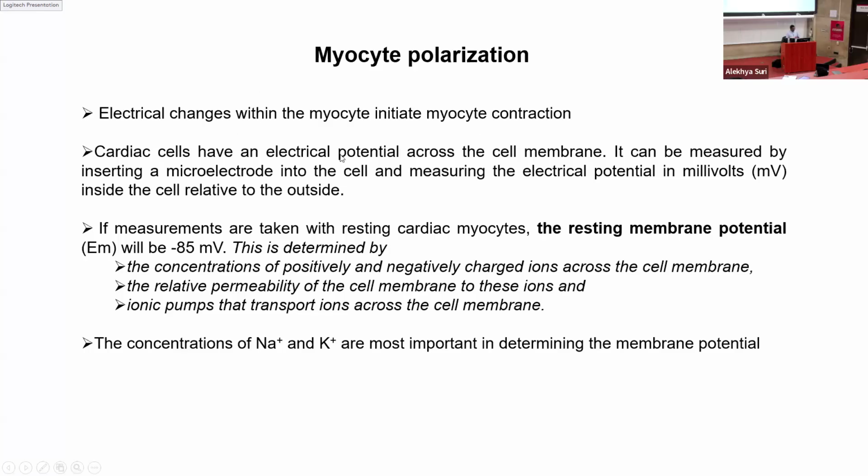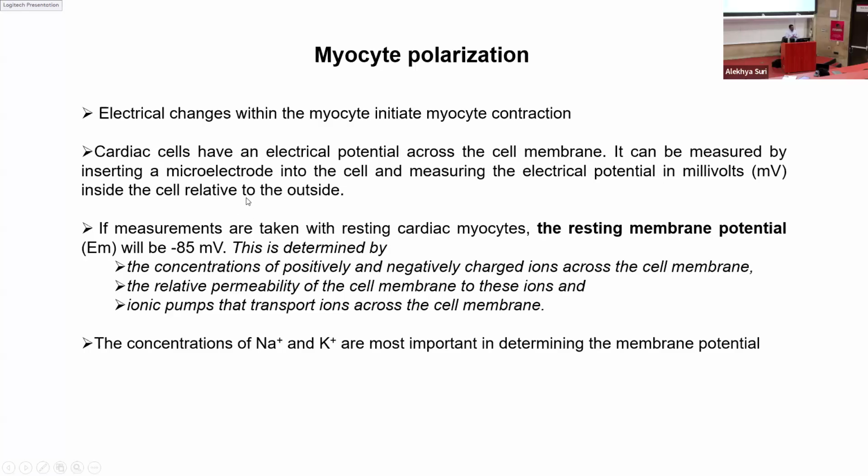And if there is a change in the electrical potential, that's going to change the contractility of the myocytes. If you take an individual cardiac myocyte and measure the electrical potential by inserting a microelectrode, you can see some kind of current going on in the cardiac myocyte.